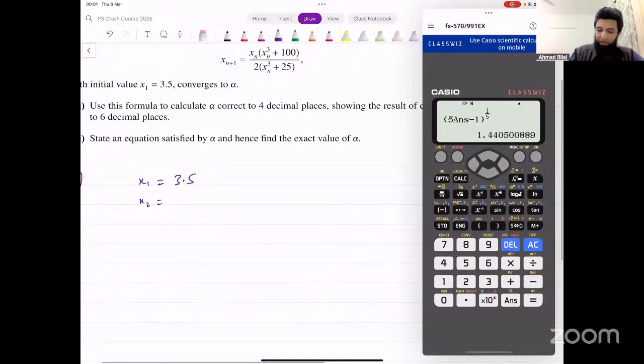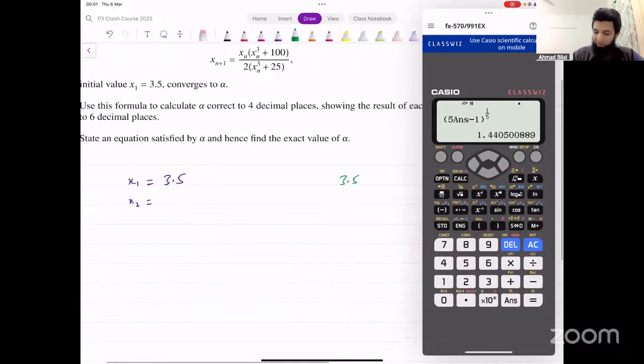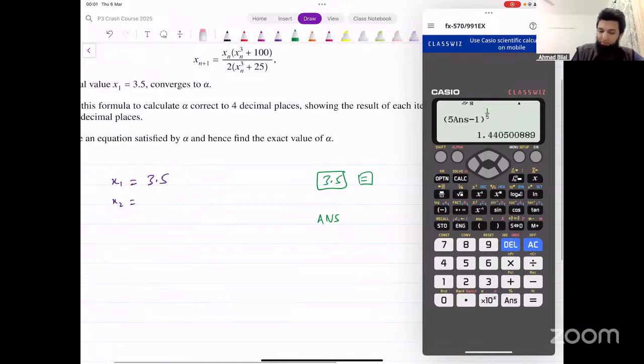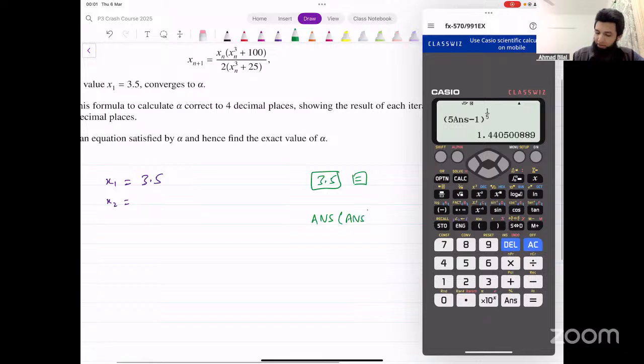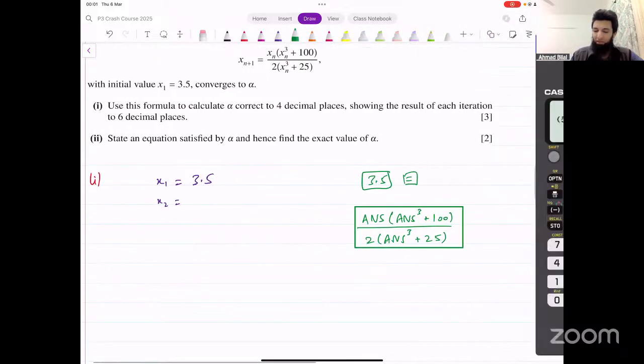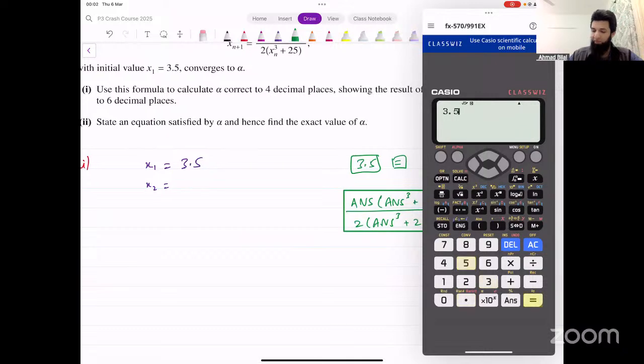On your calculator, you would do something like this. Input 3.5, press the equal to button, and then you input that formula like this. You would say answer. So in place of xn, you put answer. Answer into answer cube plus 100 divided by 2 into answer cube plus 25. You would just input this whole thing on your calculator like this. And then just keep pressing the equal to button after that. Let's do that. 3.5, we input that in our calculator.